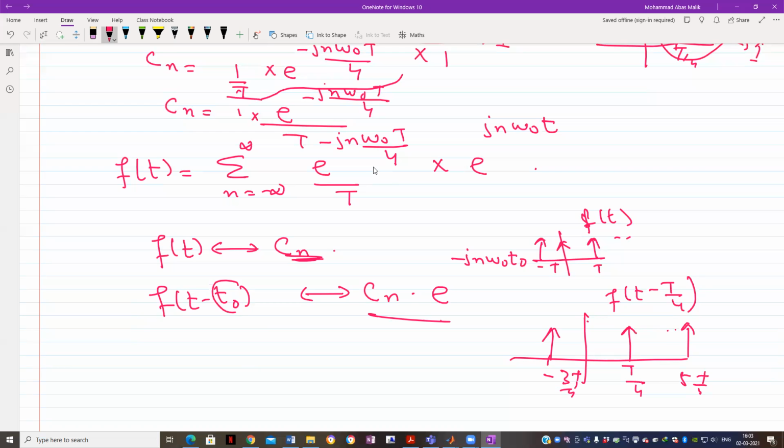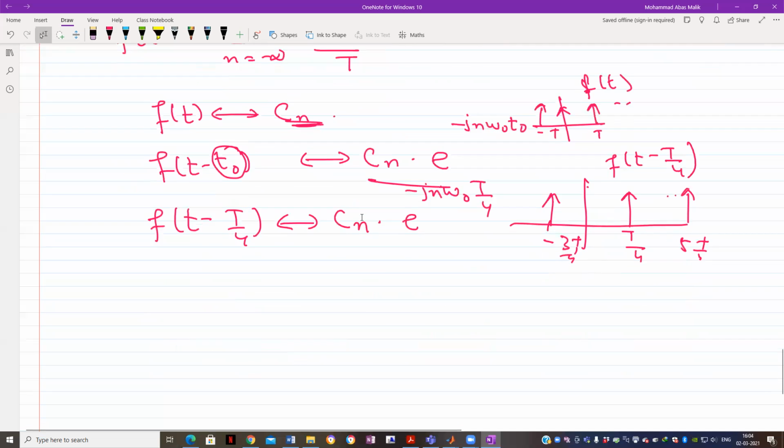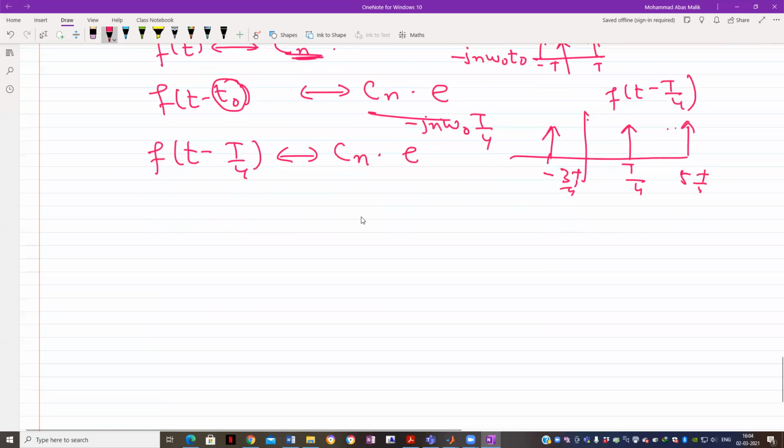So instead of this T, you have T by 4. Then for t minus T by 4, the value will be Cn and e raised to the power minus j n omega naught T by 4. So this is the time shifting property of Fourier series. From this, you can conclude one property, that is the time shifting property.